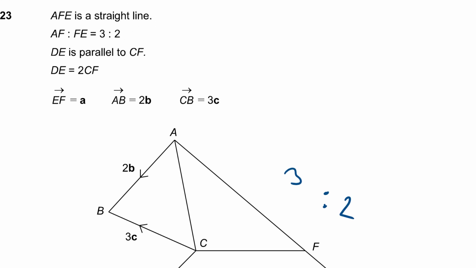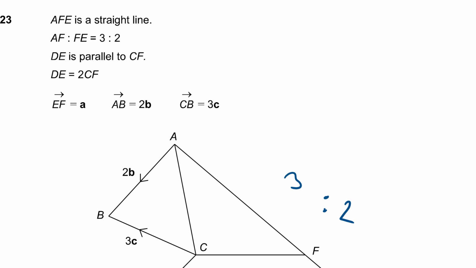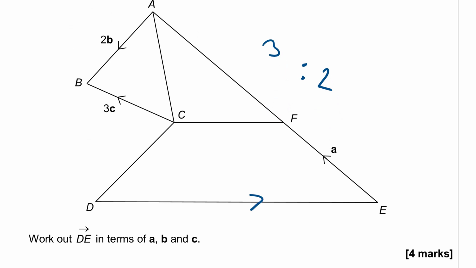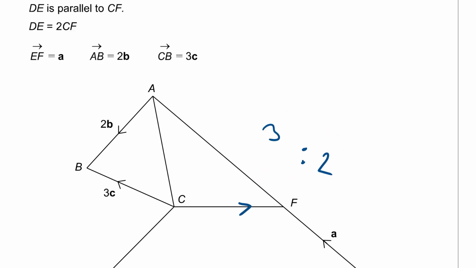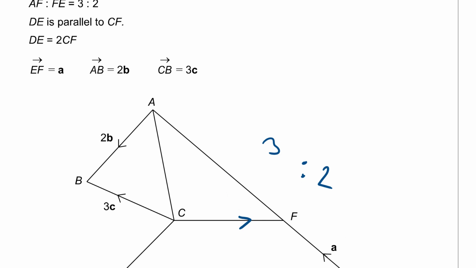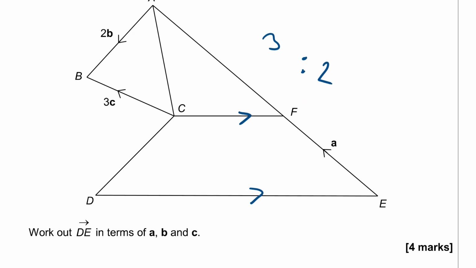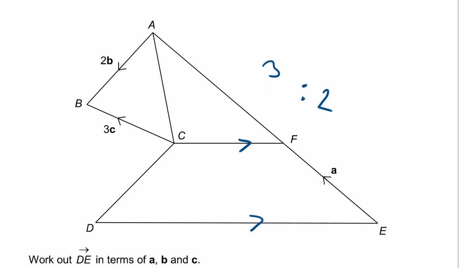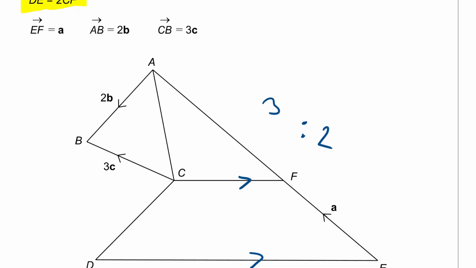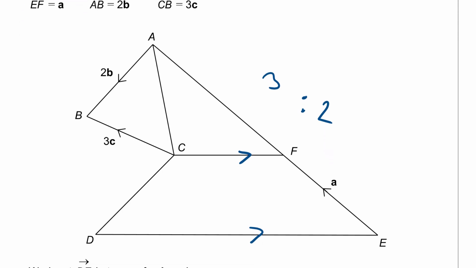Okay, we are told that DE is parallel to CF, and DE equals 2 lots of CF. Okay, I haven't added that onto the diagram yet, so I'm just going to highlight it for myself to remember that I haven't used it.